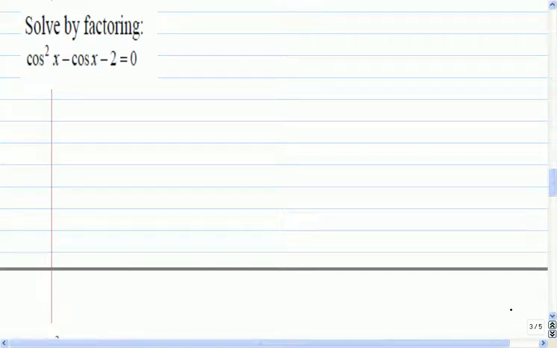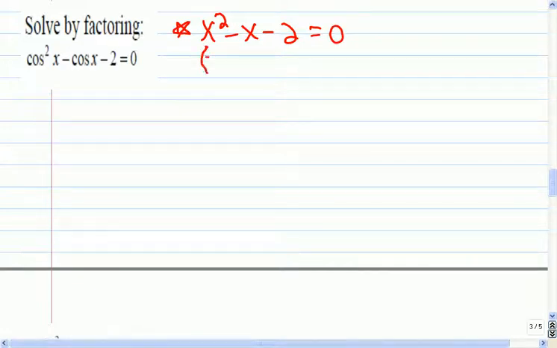Okay, so for the first example, again, when it gets really confusing because there's cosines and sines now, you have to remind yourself that it's kind of like you're solving this equation here. That's the way you're going to think of it. So let's just see what would happen if we were to go and solve this. I'd be looking for x plus 1, x minus 2.